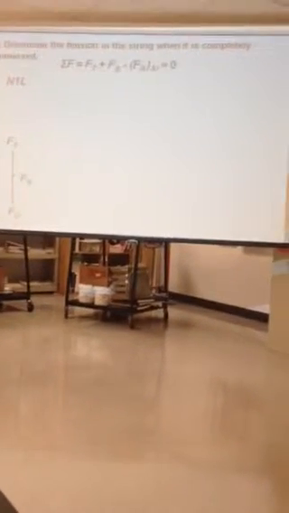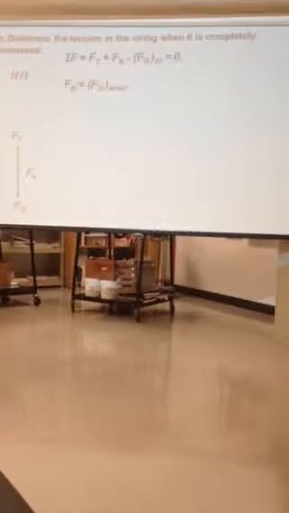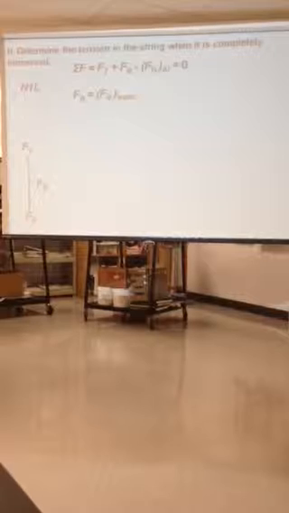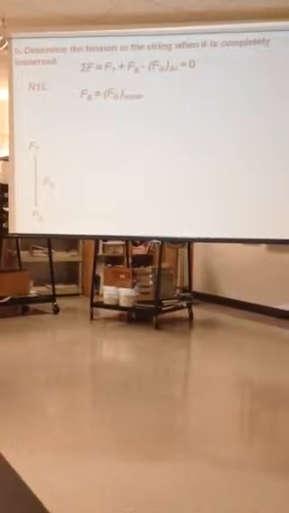Force of tension plus force buoyant. All right. What they're doing here, they're doing the sum of the forces. When you're holding it and it's just submerged in the water, is it accelerating? No. That means the sum of the forces equals 0. All right?